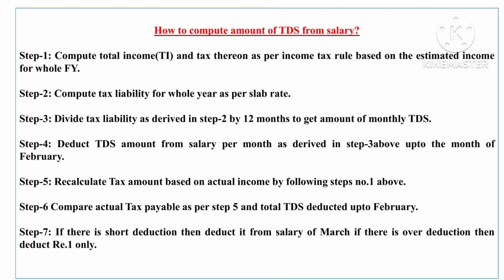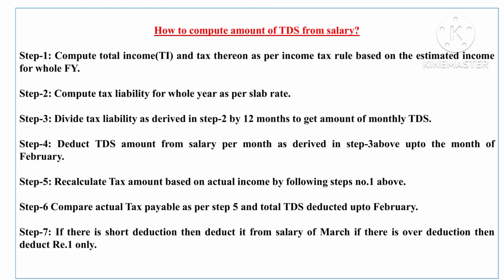Step 3. Divide the tax liability derived in step 2 by 12 months to get the amount of monthly TDS. Step 4. Deduct the TDS amount from salary every month as derived in step 3 above, up to the month of February.